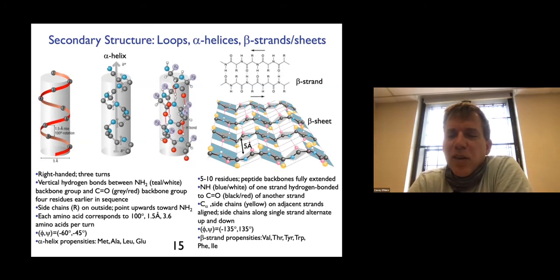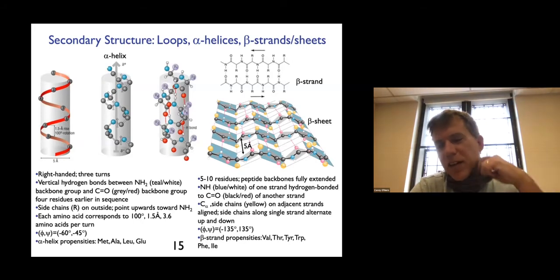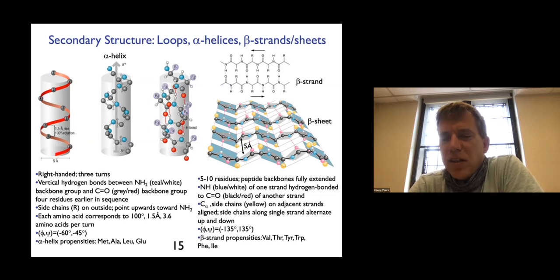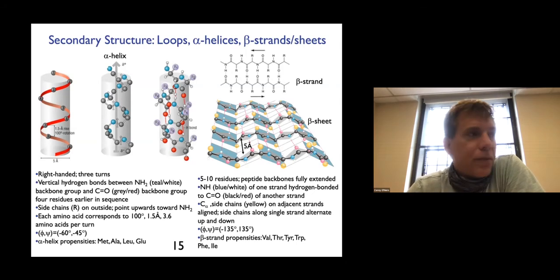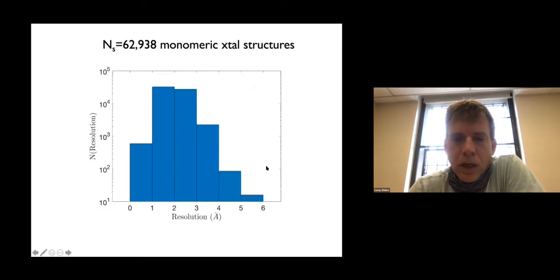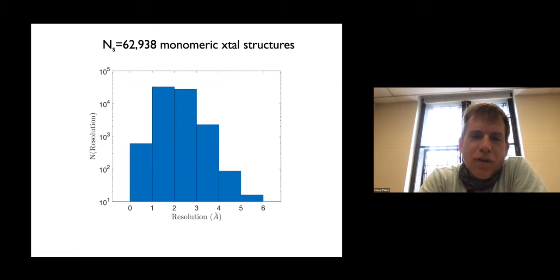The same goes for beta strands: valine, threonine, tyrosine, and tryptophan tend to be in a beta strand or beta sheet. Just to give you an idea of the order of magnitude.